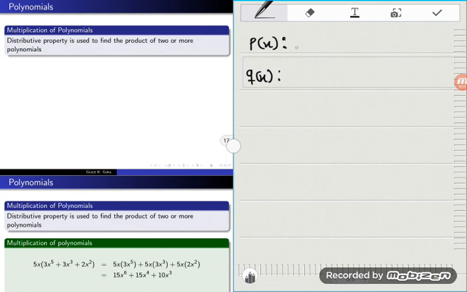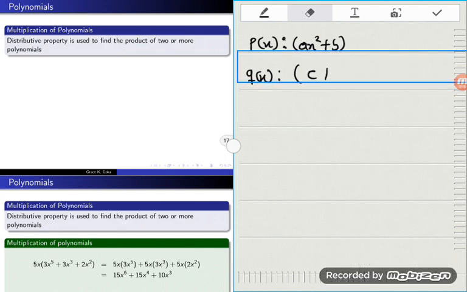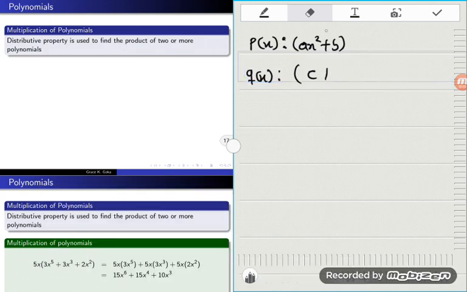where p of x is ax squared plus b, and q of x is c plus fx to the power 3.